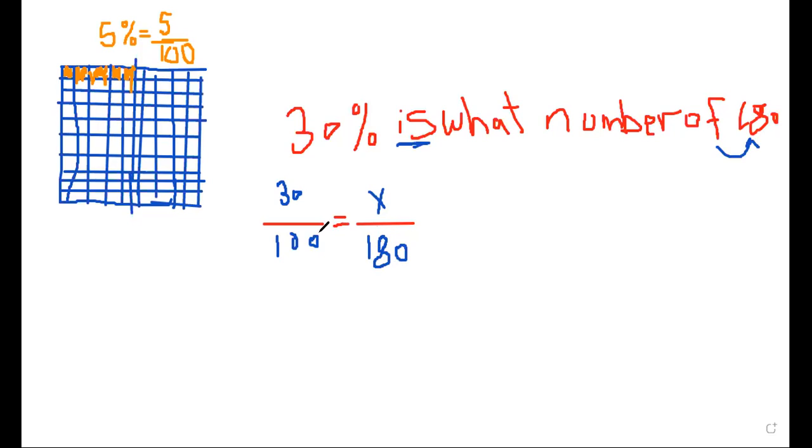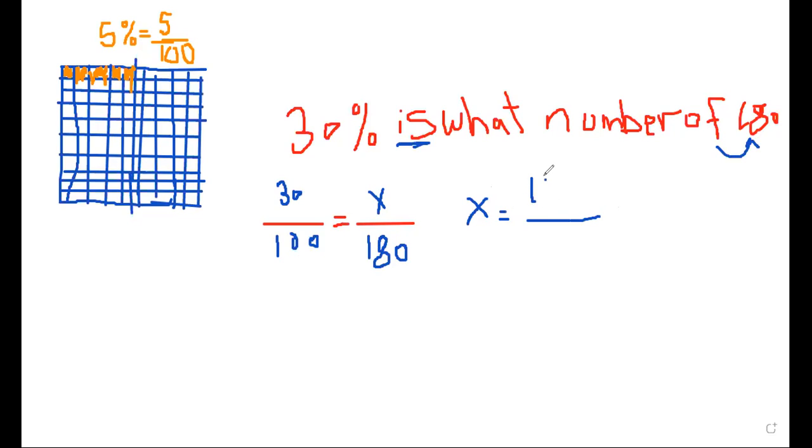After that, we are going to substitute to find the answer. Then x will be equal to, help me, grade 7, 180 multiply 30 over 100. Exactly.